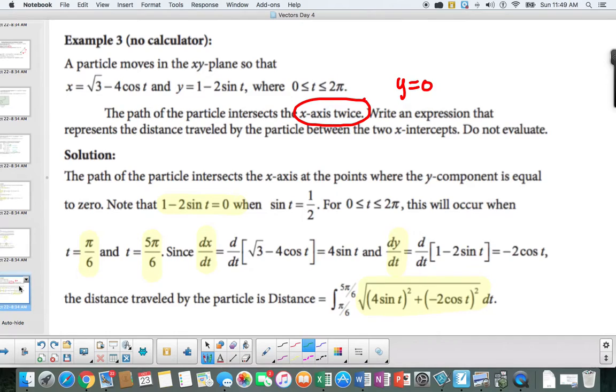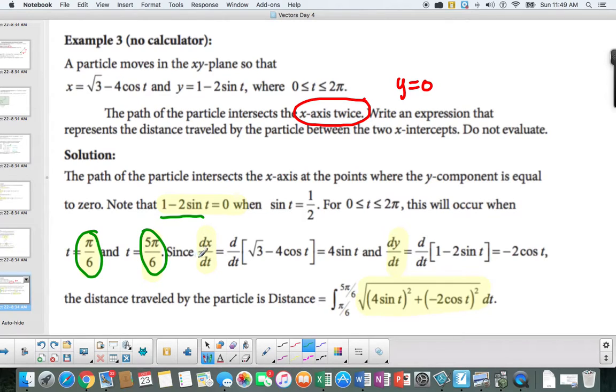And our last example is we have a position vector, and the path intersects the x-axis twice. X-axis twice means y is equal to 0. So we're going to set the y equal to 0, and we find that sine of t is equal to 1/2, and that's going to happen from 0 to 2 pi. That's going to happen at pi/6 and 5 pi/6.